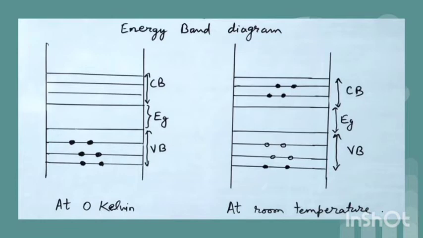But at room temperature, some electrons acquire thermal energy enough to cross over the band gap and jump to conduction band, where they are free to move. Therefore, semiconductors acquire small conductivity at room temperature. So we see that if temperature of semiconductor rises, its conductivity also increases. Whereas in case of a conductor or metal, with increase of temperature, the conductivity decreases.